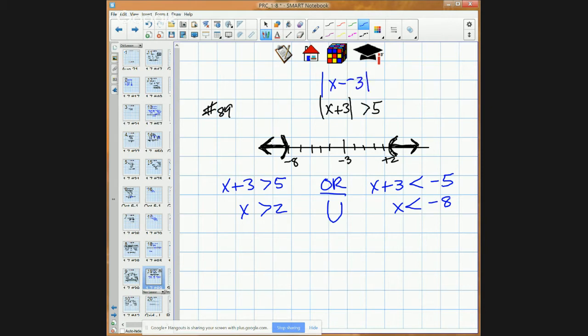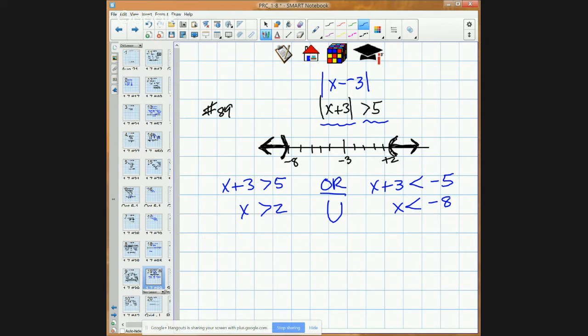The distance from -3, x minus that -3. Well, I just simplified that. What is x minus a -3? It's x plus 3. So this is the way you write the distance from -3, and the fact that it's supposed to be greater than 5, you just write greater than 5.